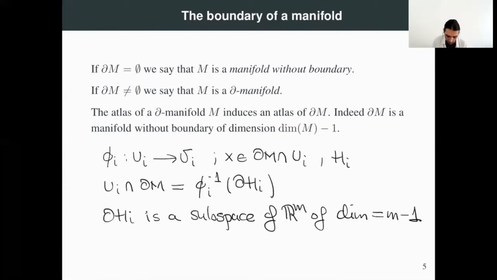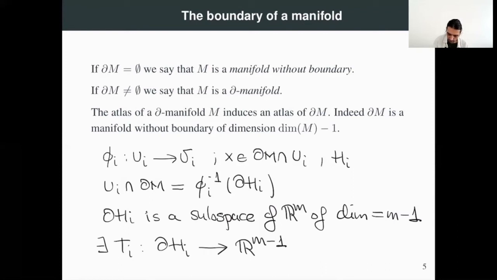So in particular, there exists T sub i, a linear isomorphism from the boundary of the half space H_i to R^(m-1). And now it's not that difficult indeed to build the local charts for the boundary of M, okay?